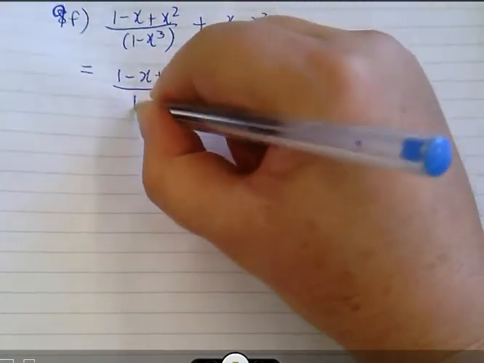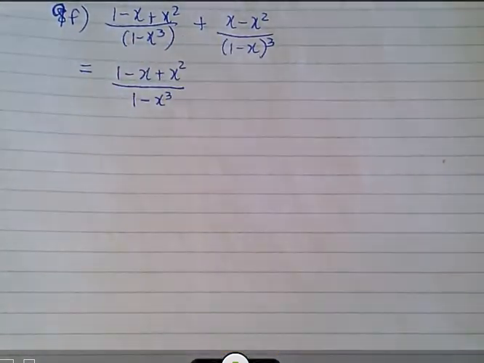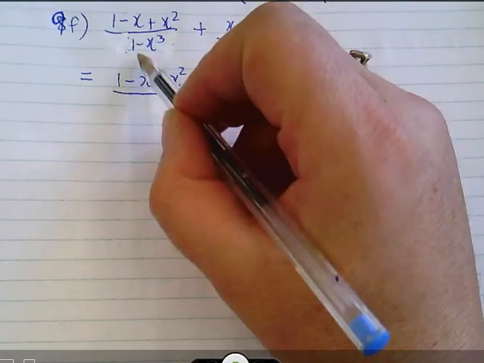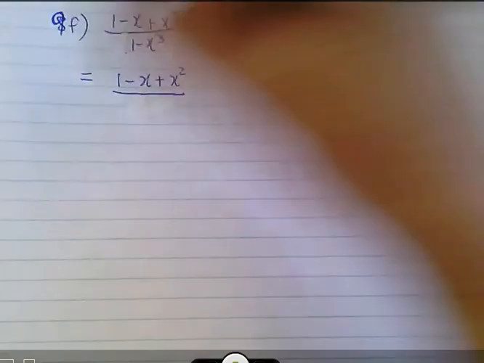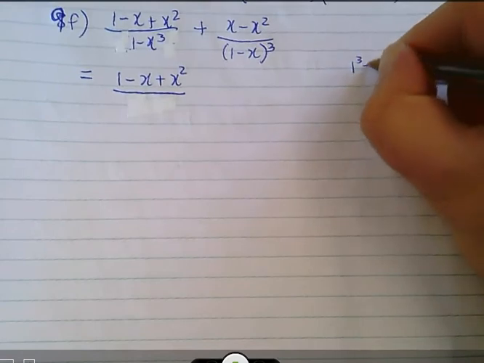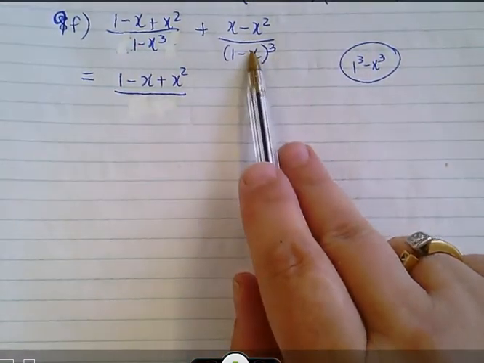1 minus, this is 1 minus x cubed, no bracket, sorry. You can't, actually that is 1 cubed minus x cubed. You can actually factorize that, so 1 sec. Minus x cubed, it's really 1 cubed minus x cubed. I just got that over here. That's what that is. It's different to this.